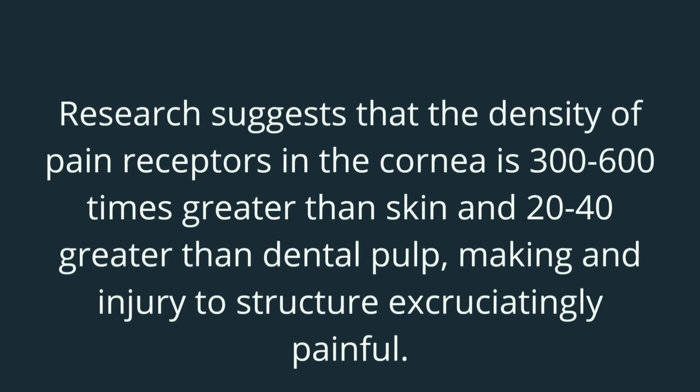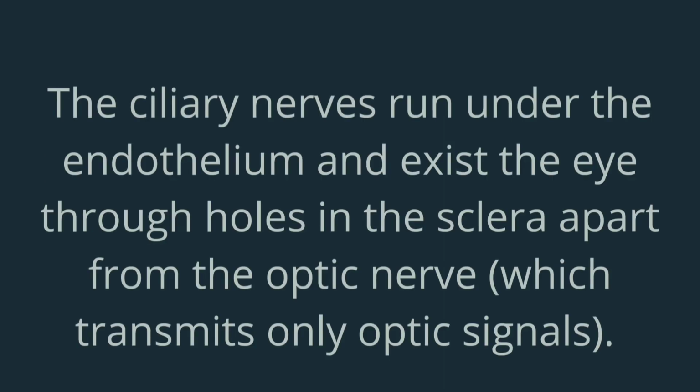Research suggests that the density of pain receptors in the cornea is 300 to 600 times greater than skin and 20 to 40 times greater than dental pulp, making an injury to the structure excruciatingly painful. The ciliary nerves run under the endothelium and exit the eye through holes in the sclera, apart from the optic nerve, which transmits only optic signals.